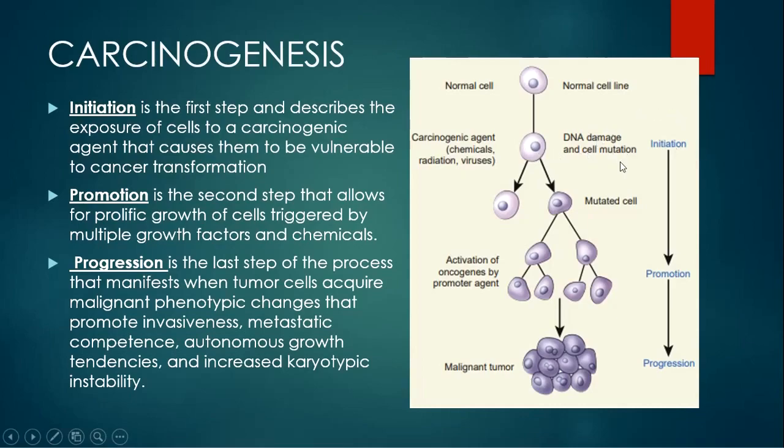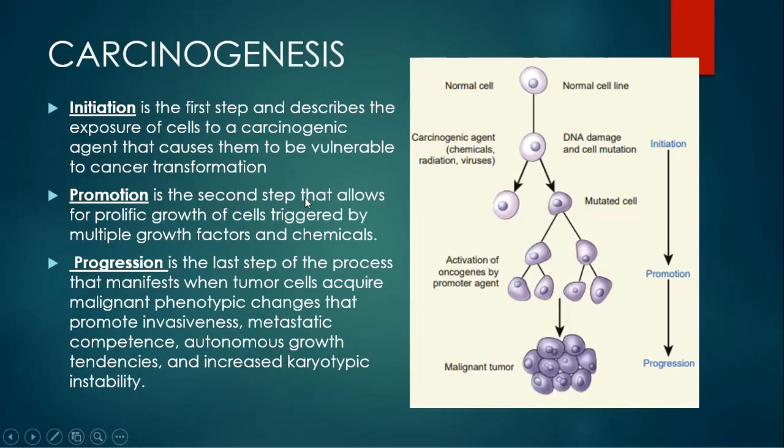So this is the first phase, which is called initiation, and the changes include DNA damage and cell mutation. After that, that cell starts replicating, and cell proliferation starts. As you can see here, this mutated cell starts growing, and when these cells start growing, it is called the second stage, which is the promotion.